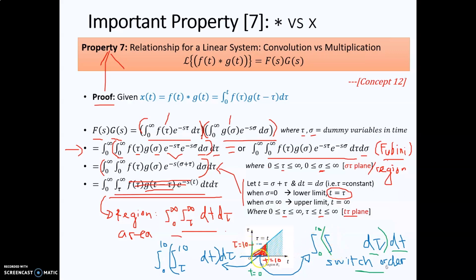So your tau is moving upward. Your tau is from here, in this direction. You meet the tau equal to 0 here, so you substitute 0. And then you meet the tau at this line, so your tau is equal to t. These two formulas should give you the same answer for the region area at this component.